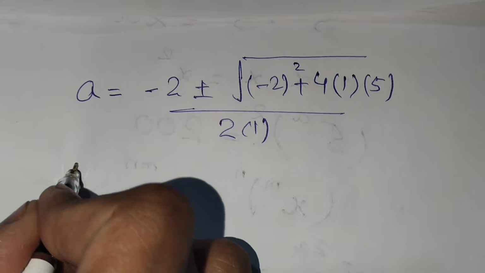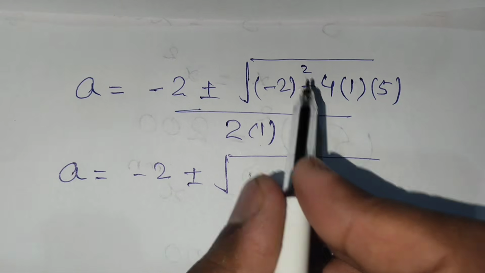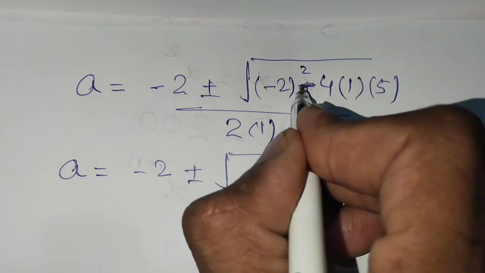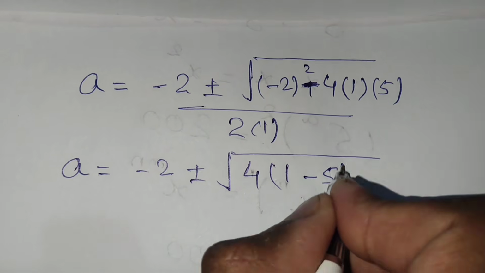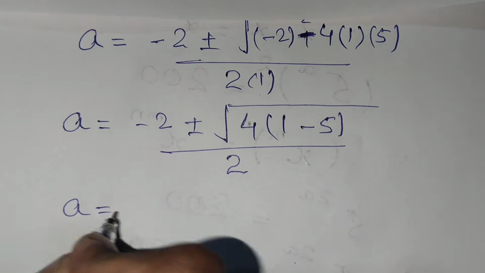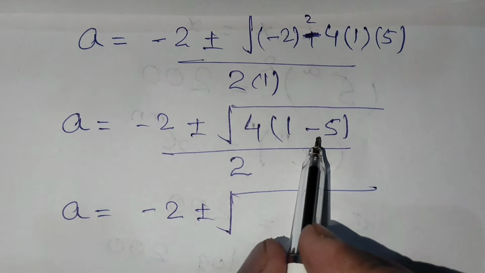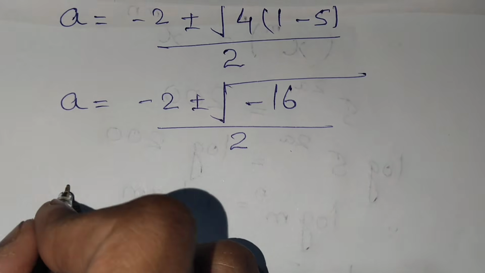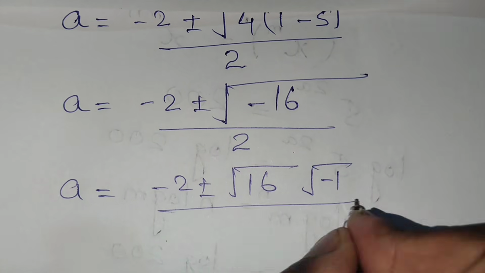Now a is equal to minus 2 plus minus square root of 2 square is 4, and 4 minus 4 into 5, taking 4 common, will be 1 minus 5, all over 2. a equals minus 2 plus minus square root of 4 into minus 4 is minus 16 over 2. a is equal to minus 2 plus minus square root of 16 times square root of minus 1 over 2.